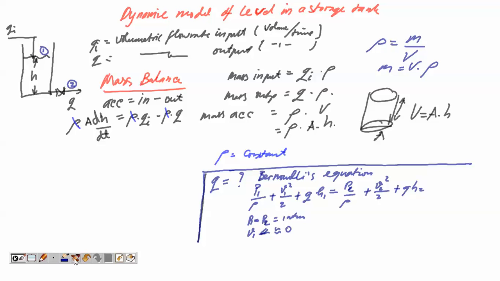Then we can cancel terms: P1 equals P2 and V1 is 0.